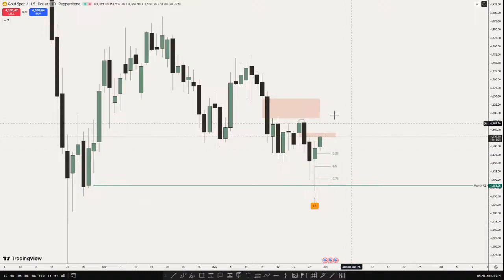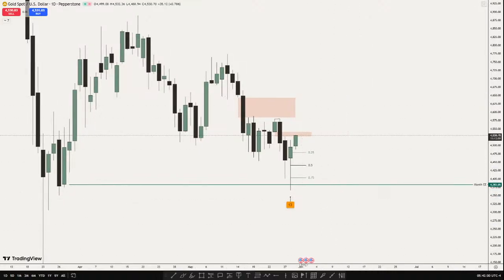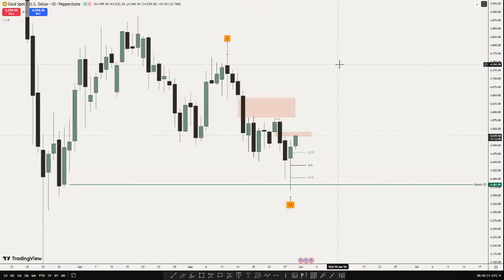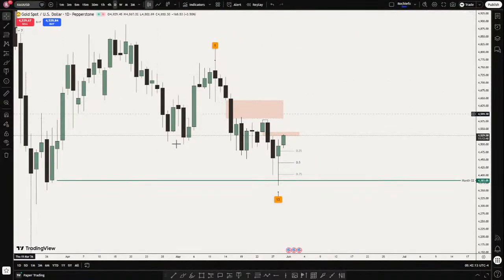So first of all, let's look at the daily countings. If we look at the bearish structure here, this is the start of this leg.